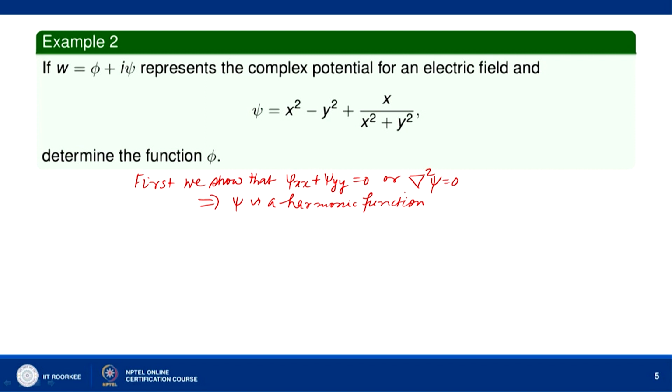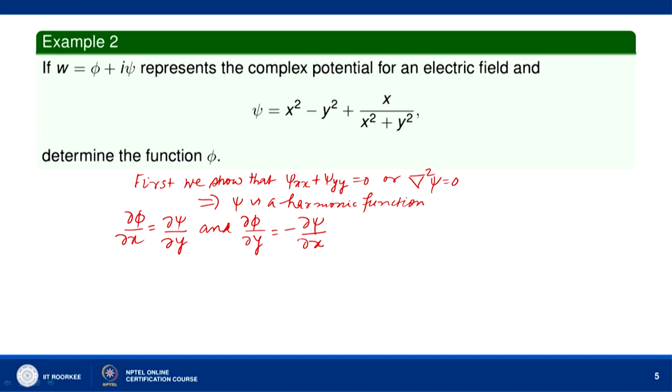Now, we want to find the corresponding conjugate harmonic function phi. So, we use the Cauchy-Riemann equations, phi_x equal to psi_y and phi_y equal to minus psi_x.